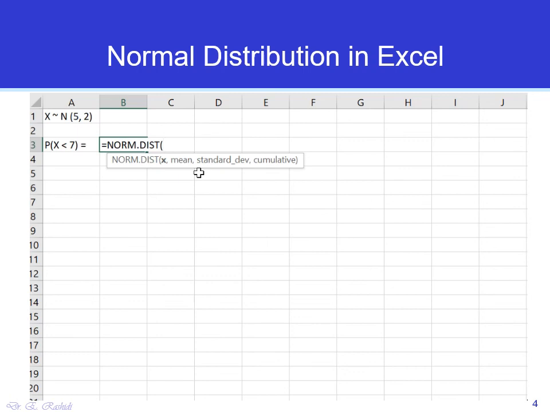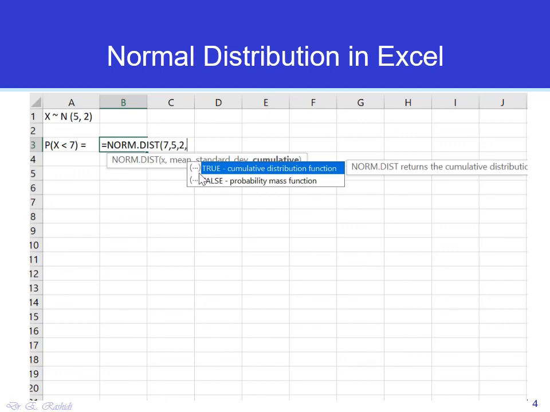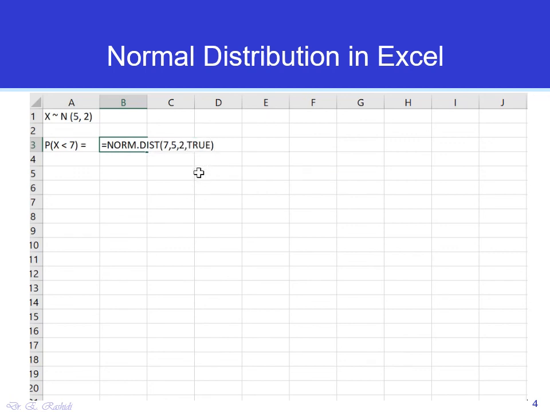The first parameter here is x, which is 7, then comma, the second one is mean, the expected value, which is 5 here, comma, the next one is the standard deviation, which is 2 here, comma, and the next one we have to put true because we are looking for cumulative. Okay, and we hit enter and we get 0.8413, which is similar to what we found before.